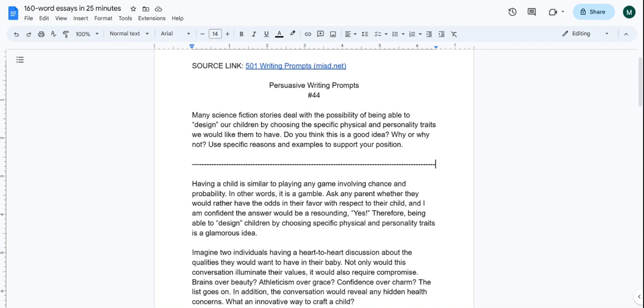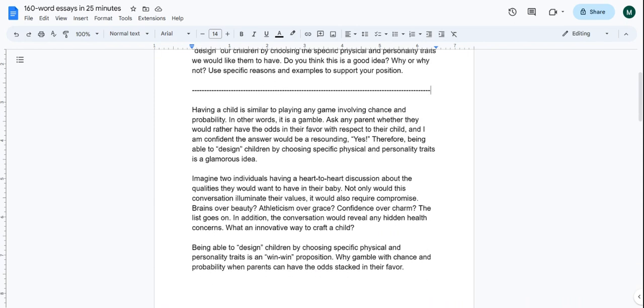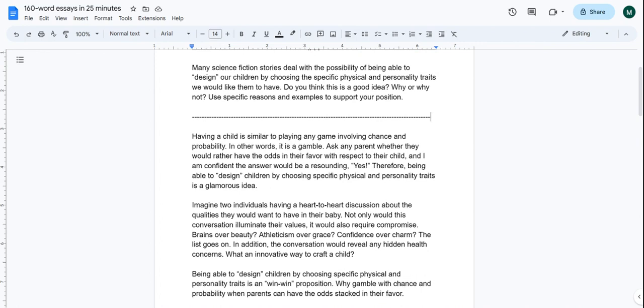So, writers, I just wanted to see what I was able to come up with under the time constraints, but also, I wanted to show you what ChatGPT 4 was able to do. So again, we will take a moment to reread my intro, body, and conclusion, and then we will look at the AI. So bear with us here for a moment, writers, as we look at our prompt.